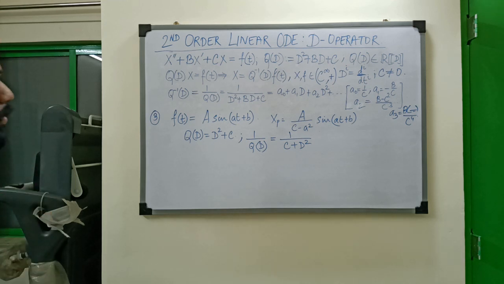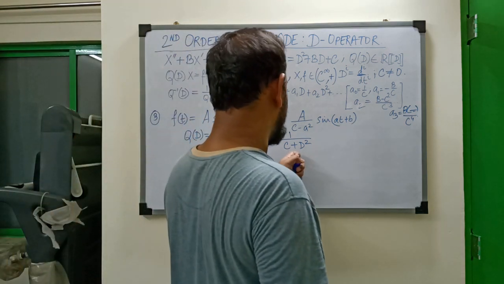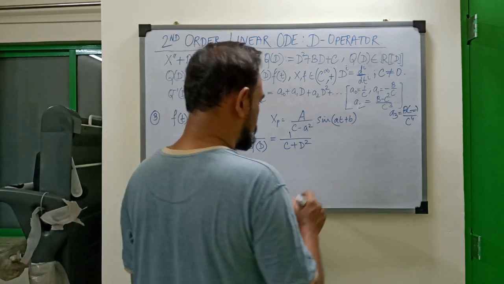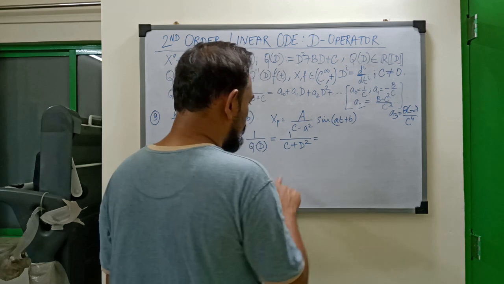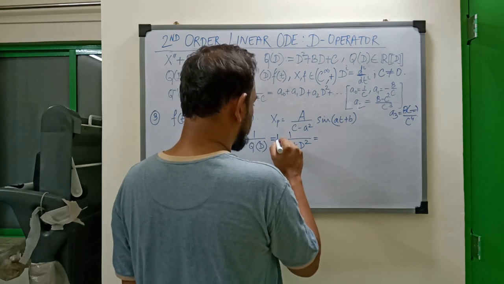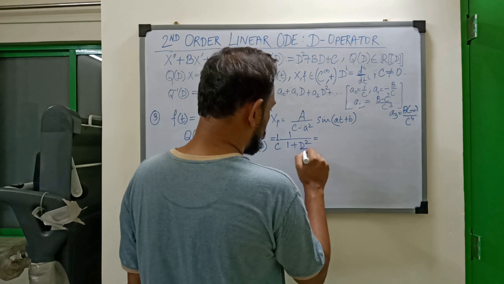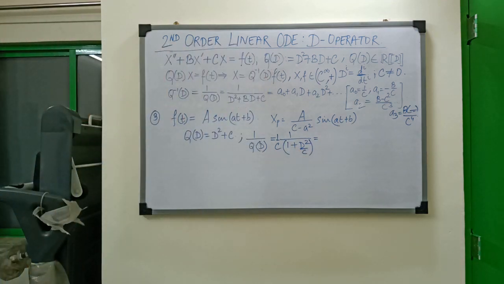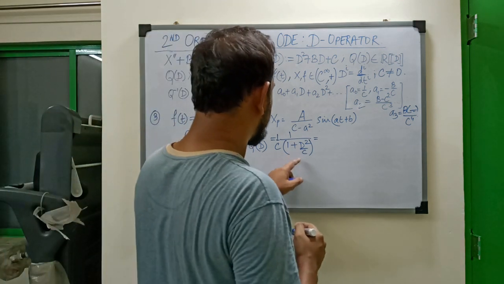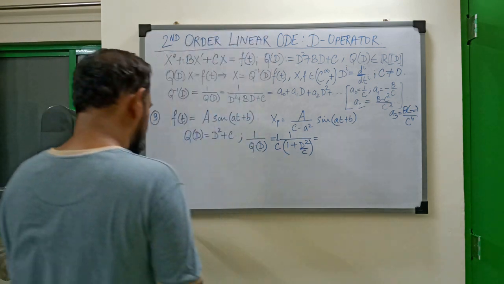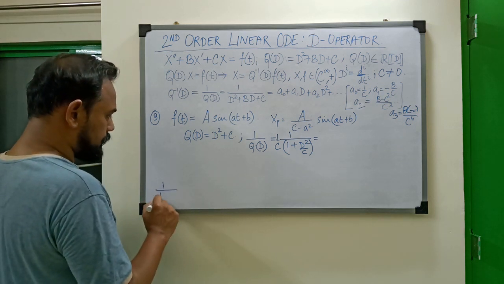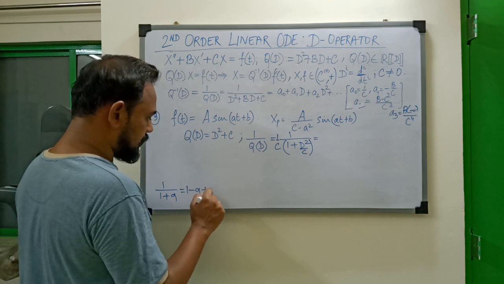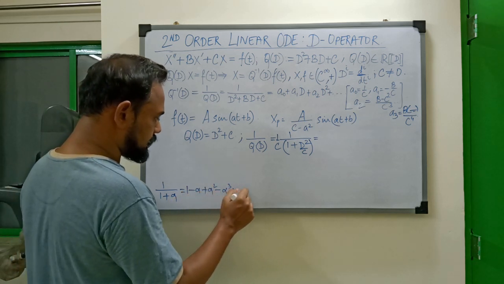If you expand this by Taylor's theorem, if you take out a c, you will get 1 plus d square by c. Now Taylor's theorem expansion of 1 over 1 plus alpha is going to be 1 minus alpha plus alpha square minus alpha cube plus, it goes on like this.